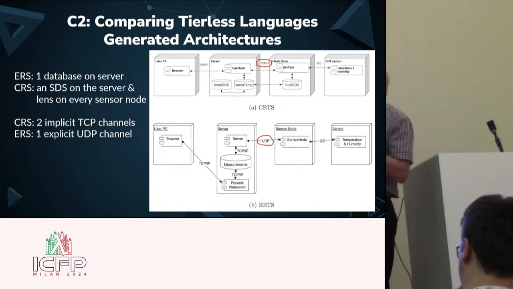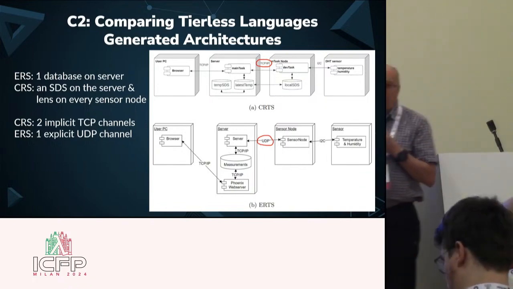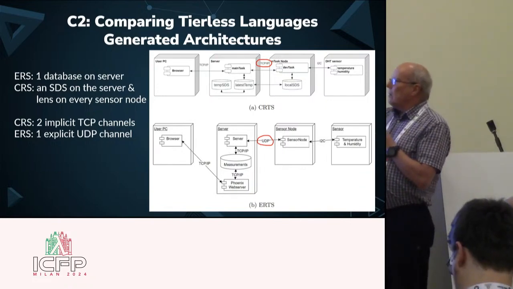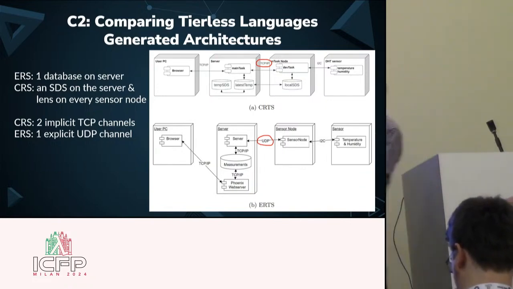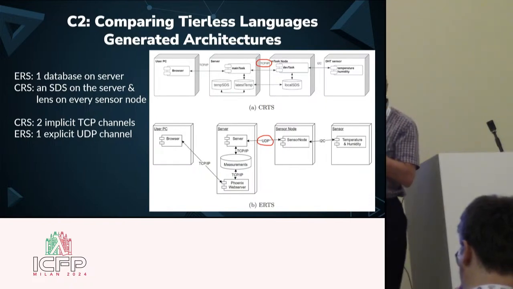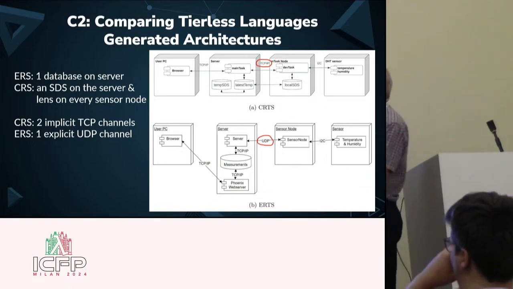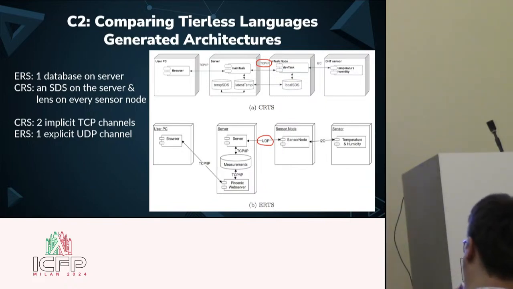So for both tierless languages, you generate a distributed system. Can't draw a sensible diagram of a system that has multiple sensor nodes and multiple sensors. So this is a picture of a system with a single sensor and a single sensor node. But this shows you the software deployment across it. And they're different.